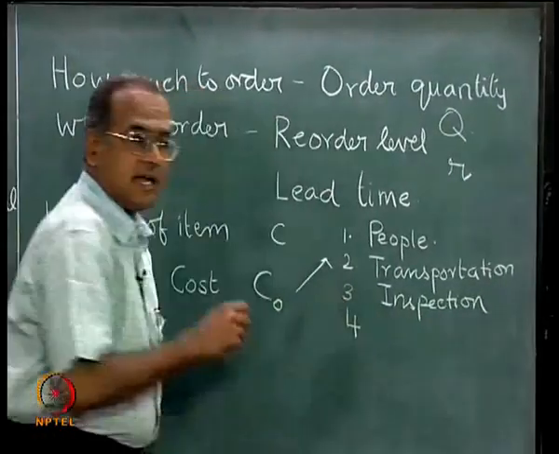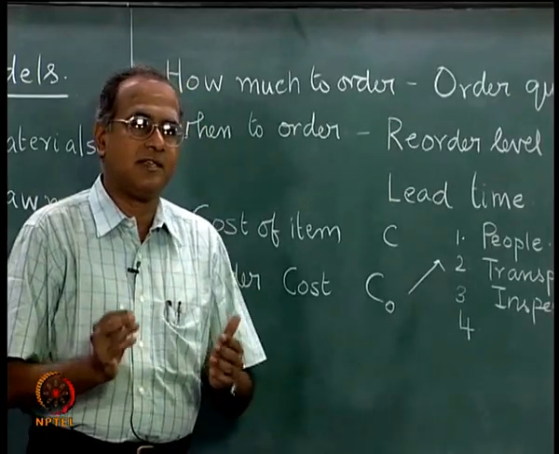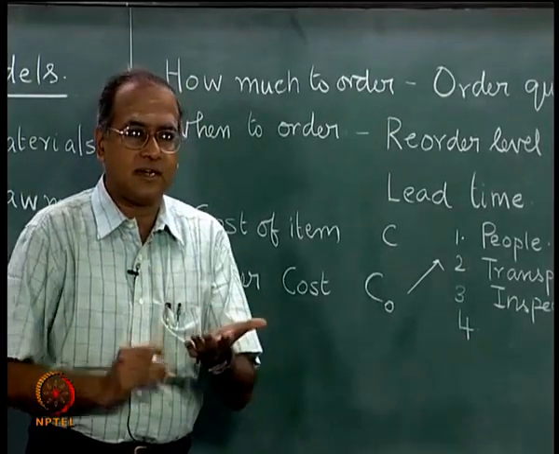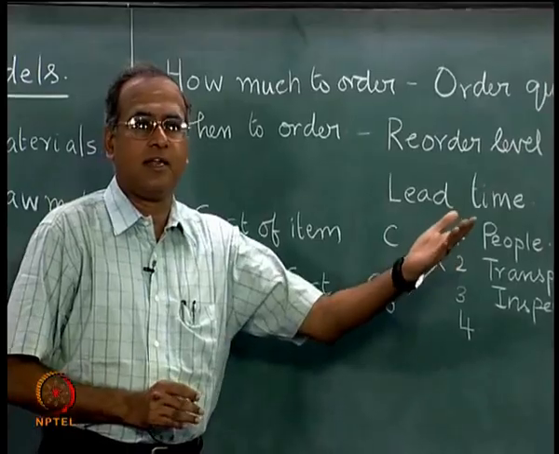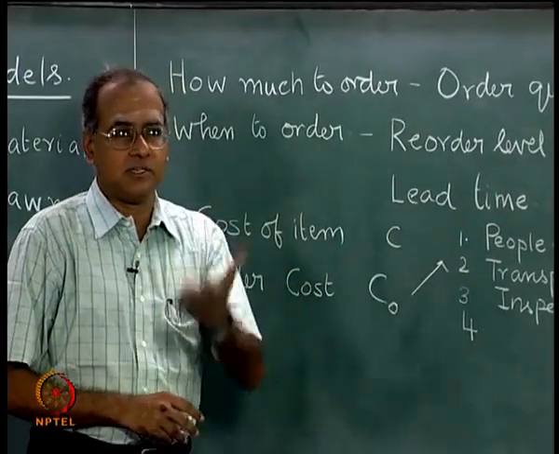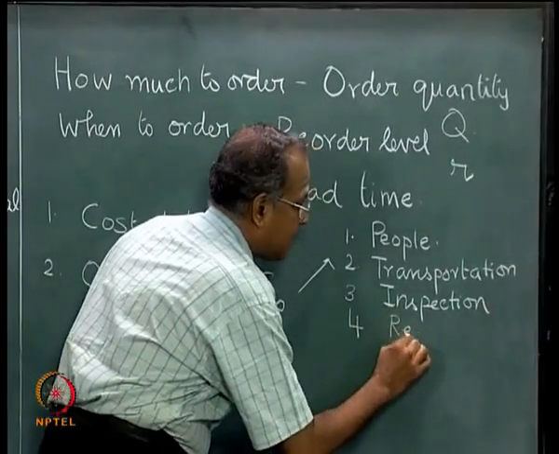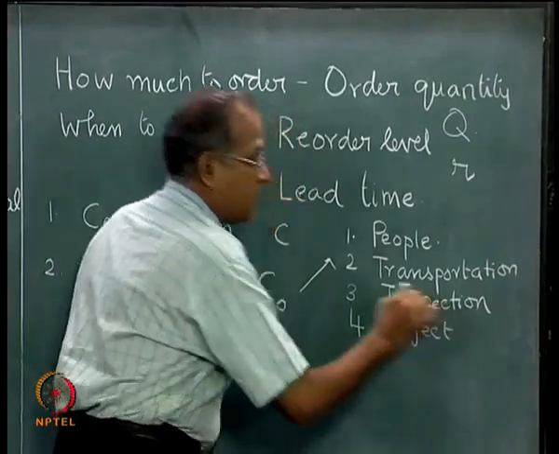Next, however undesirable, we could have a situation where at the end of the inspection there is a reject. So, the rejected items have to go back and be replaced. There is a delay, a time element as well as a cost element. So, there could be a cost of reject and rework with respect to the supplier side.